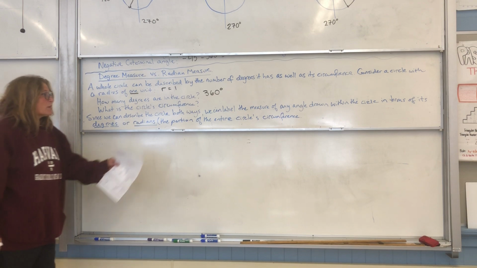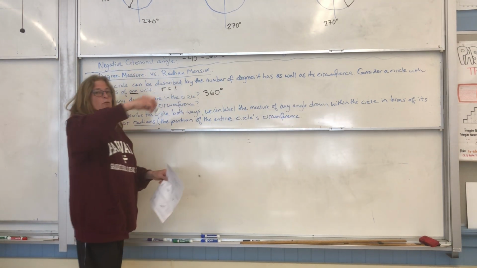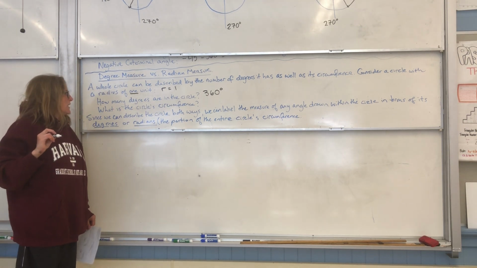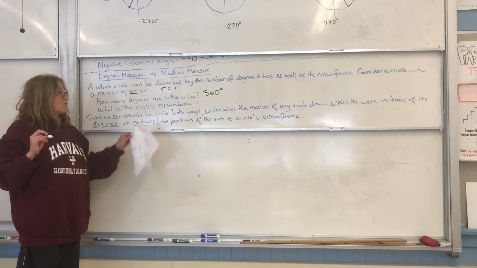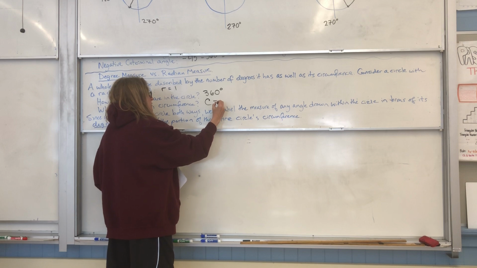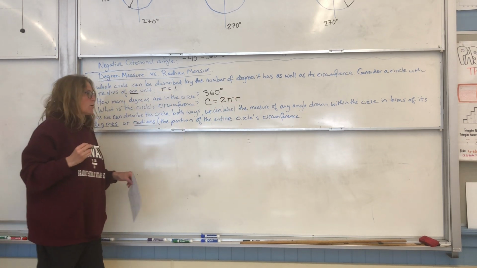But we can also think of a circle in terms of its circumference, which is the distance around the outside of a circle. So think back to geometry, and if we want to know what the circle's circumference is in terms of its radius, it would be circumference equals 2 pi r, right? Or pi d.